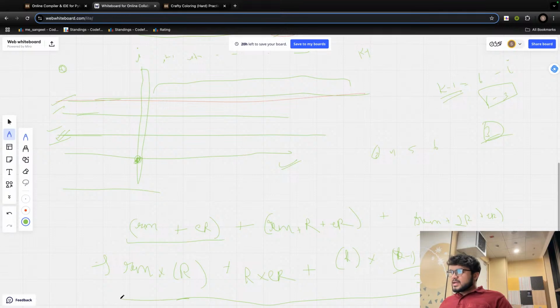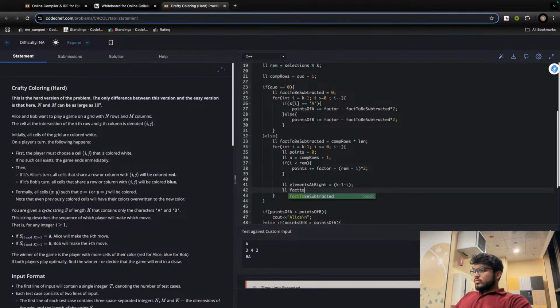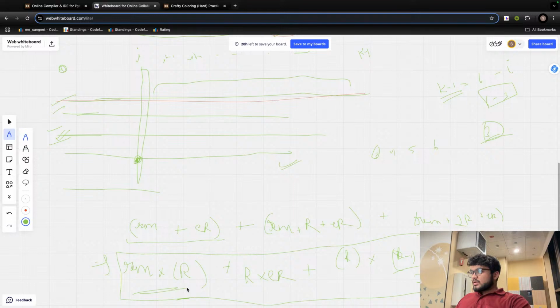So can we say that this is the factor that will be subtracted, right? Factor to subtract in total. What will be this? Remainder into number of rows, actually this is quotient.